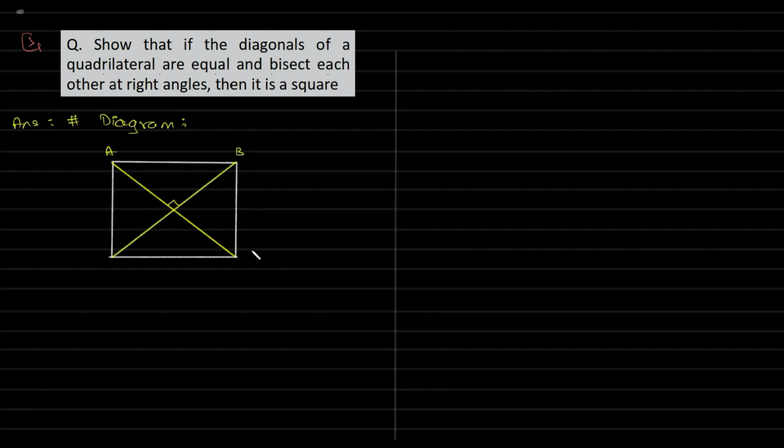So if we consider ABCD and point of intersection is O, right? So please write the description of the diagram. What is that we need to prove?